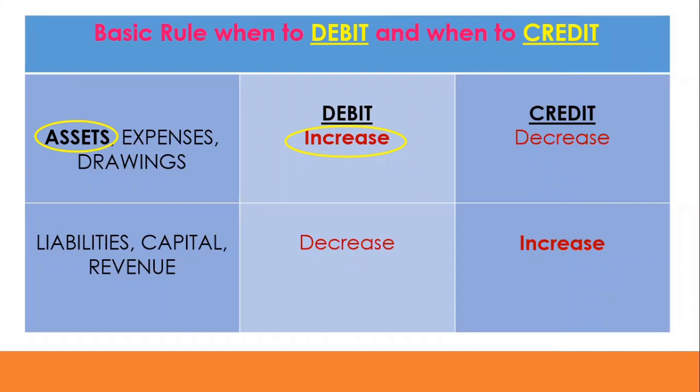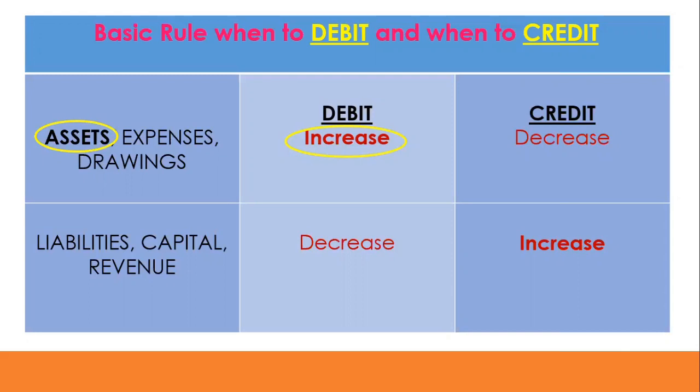Based on the rule, if we increase our assets, expenses, and drawings, we need to debit the account. Otherwise, we credit it. On the other hand, if we increase our liabilities, capital, and revenue, we credit the account.